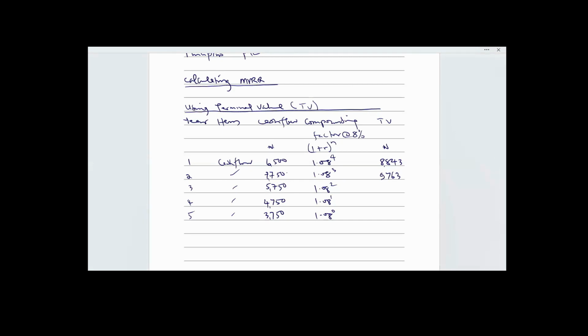Year 3, 1.08 raised to power 2, equal, then multiply by 5750, equal 6707.